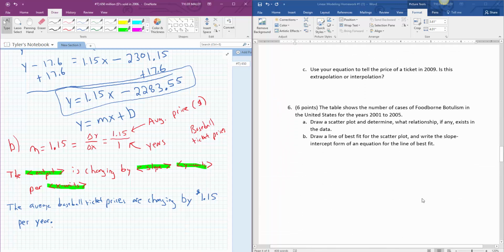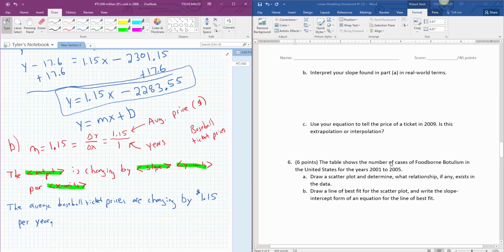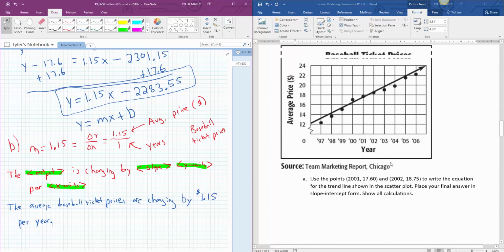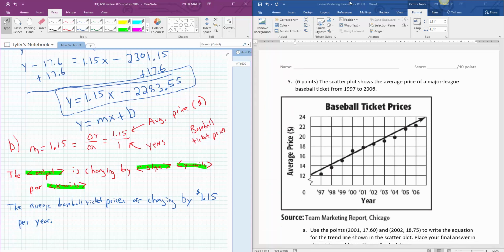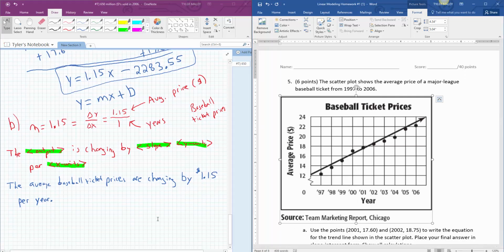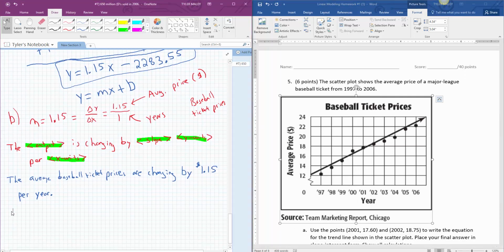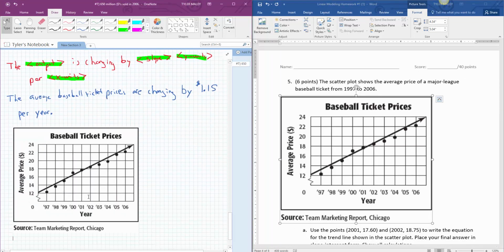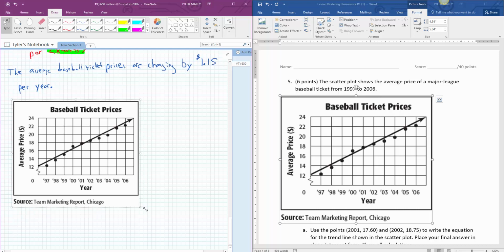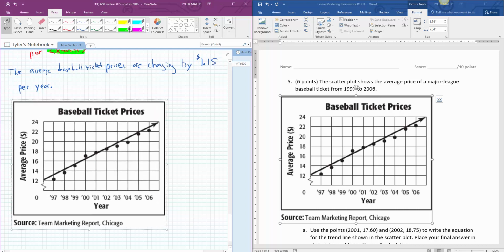So then part C says use your equation to tell the price of a ticket in 2009. And then you're asked, is this an extrapolation or interpolation? So remember the difference between interpolation and extrapolation. I want to start with that first, because that seems to be more difficult for students.